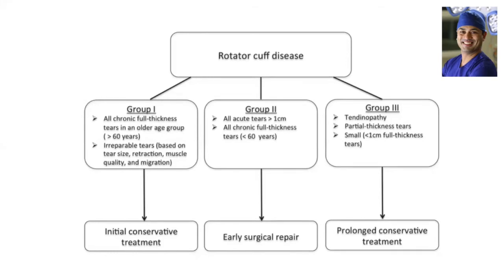And the reason for initial conservative therapy in this group is essentially twofold. One, they achieve the desired goal of resolution of pain and restoration of useful function with this simple measure without proceeding to surgery. And two, surgical repair of rotator cuff tendons in this group is often complicated by failure of the repair, because it's a chronic degenerative problem.